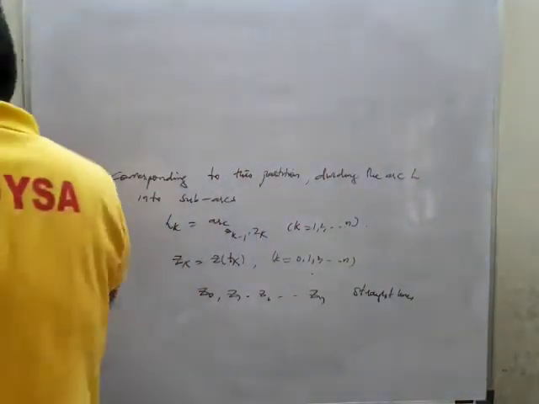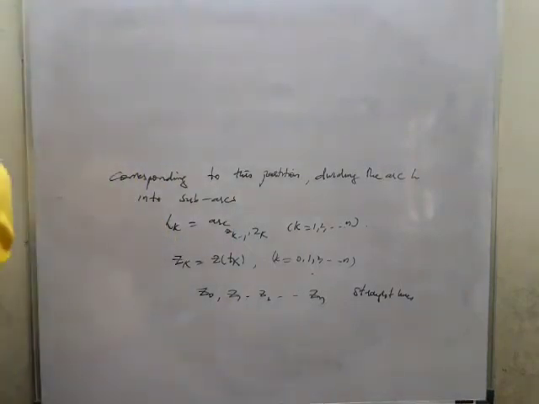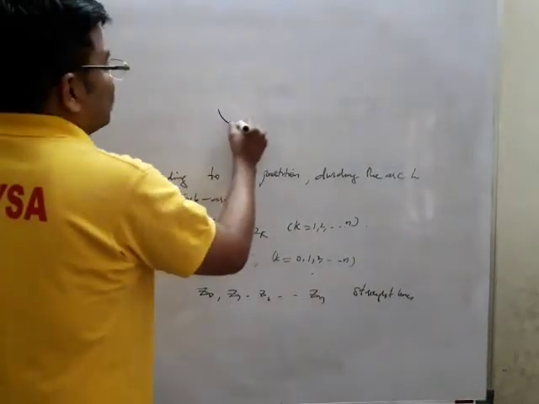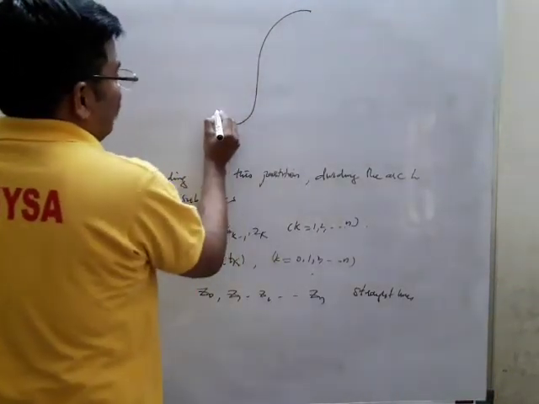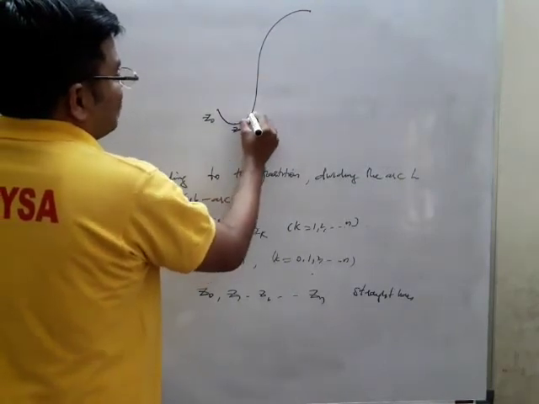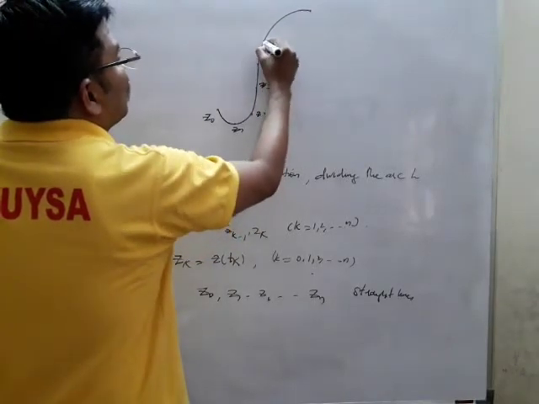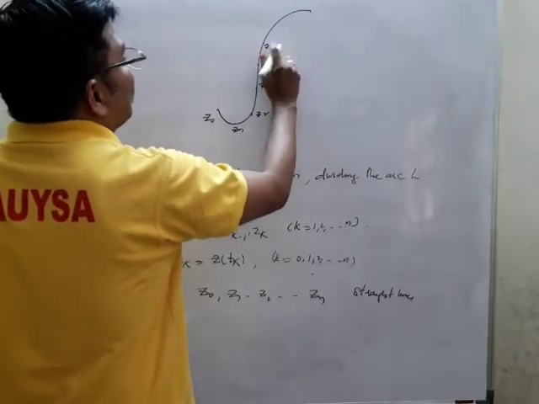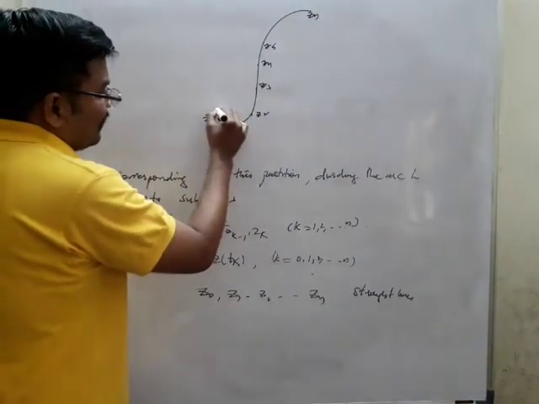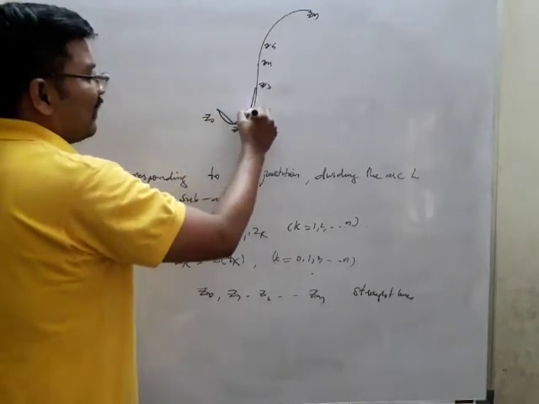Let us take this one in the form of like this. Now this is Z0. I may write here Z1, Z2, Z3, Z4, Z5, and here some Zn. So you will be getting a polygonal arc like this.